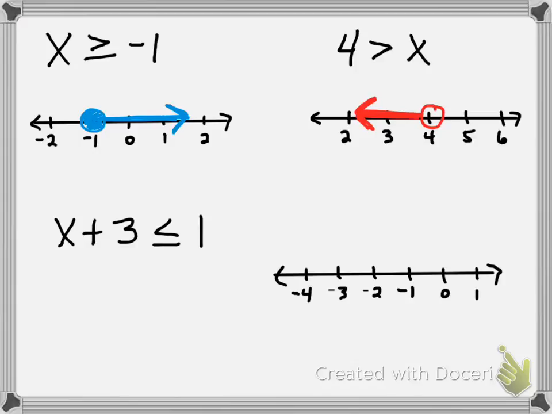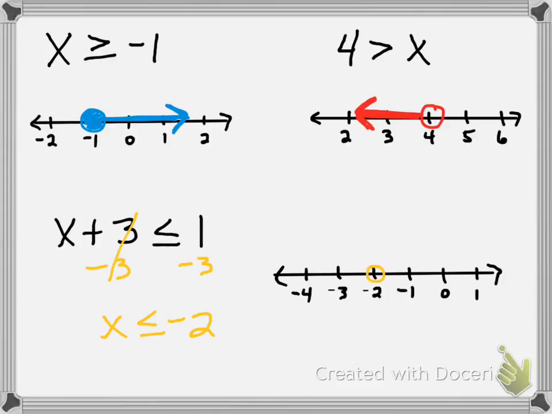And then on the last one, you can kind of see us putting it all together. We're going to solve this inequality and graph it. Okay, so we solve it by moving the plus 3 to the other side, so minus 3 on both sides. And we get x is less than or equal to negative 2. Okay, so now I'm going to graph it. Circle the negative 2.